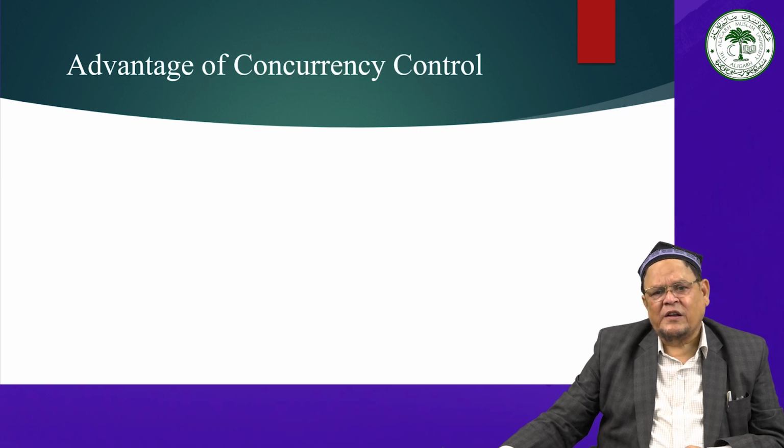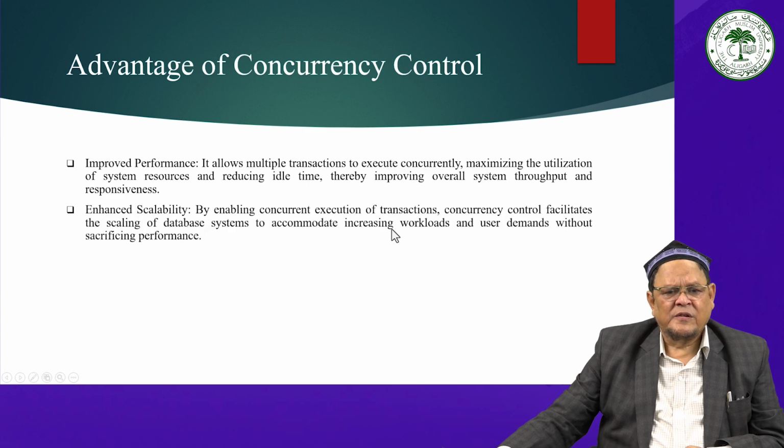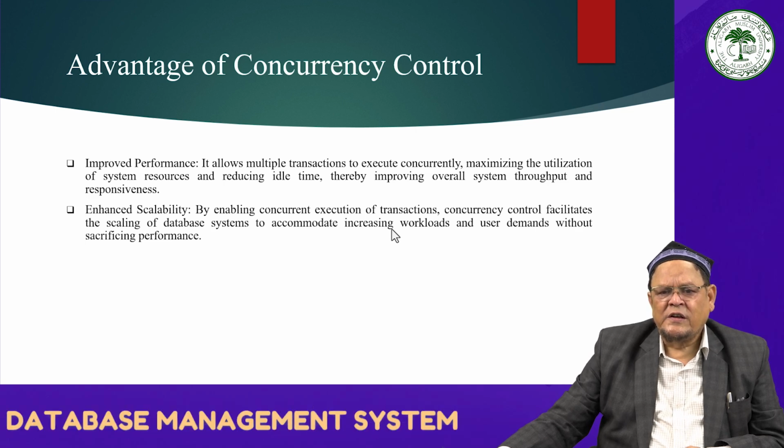Then the advantages of concurrency control: improved performance, which allows multiple transactions to execute concurrently, maximizing the utilization of system resources and reducing idle time, improving overall system throughput and responsiveness. Enhanced scalability means enabling concurrent execution of transactions.